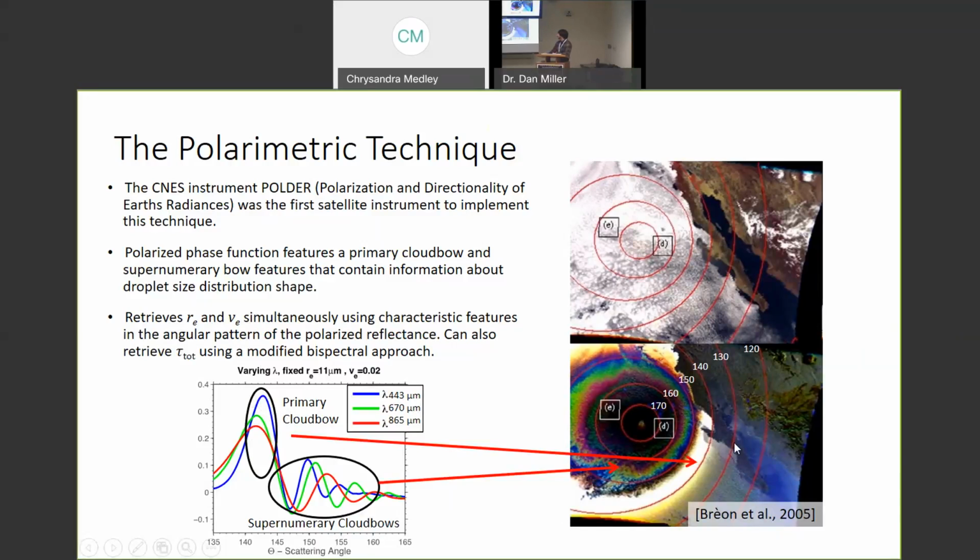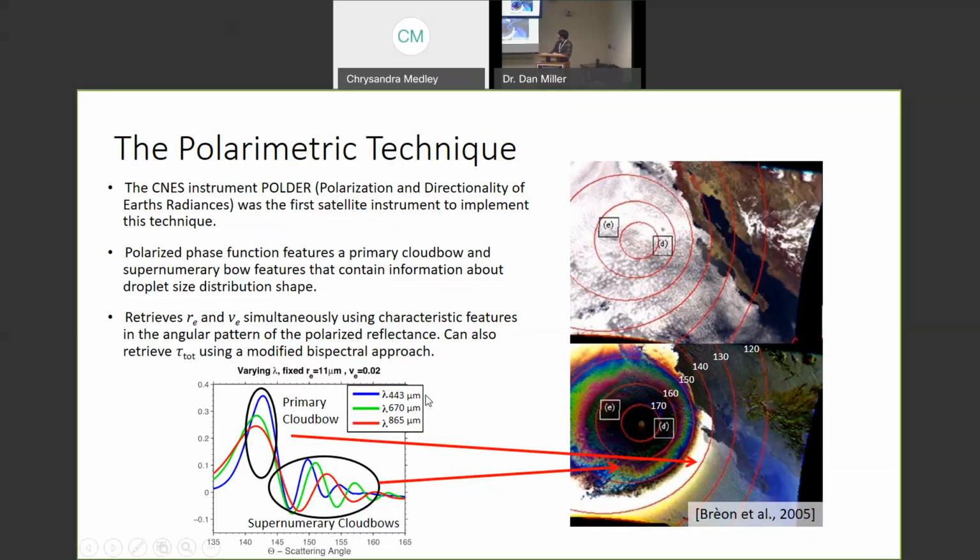But the primary cloud bow is just a bright white feature, unlike the rainbow, though they're related in terms of scattering properties. The color variation in terms of smaller cloud droplets is actually in these supernumerary bow features, where there are possibly many oscillations, and the droplet size and the wavelength change their location.